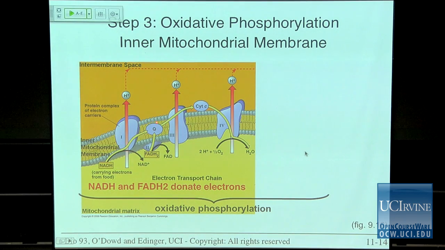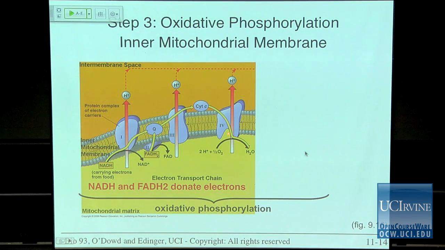The electron is then passed on to this lipid molecule that then transports it to the second protein. Again, a pump that pumps hydrogen ions from here to here. Passed on to cytochrome C, another lipid, that then passes it on to a third protein here, and this again pumps hydrogen ions. So we've got 3 hydrogen ion pumps pumping hydrogen ions up into this region.